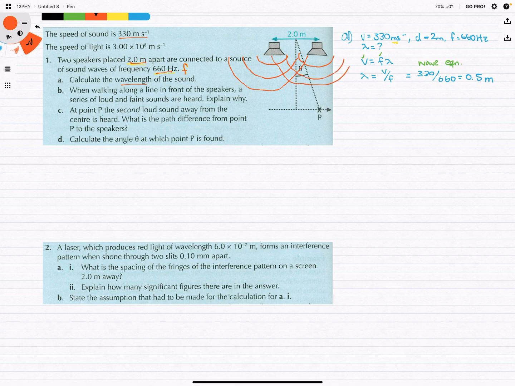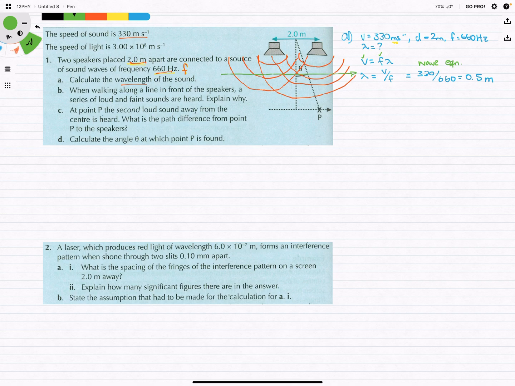Same wave out of both speakers, off into infinity. Hopefully you're better at drawing than I am. Now, if we chose some path through here and we were to walk, we're going to hear a pattern of loud and quiet and loud and quiet, and we can see why.